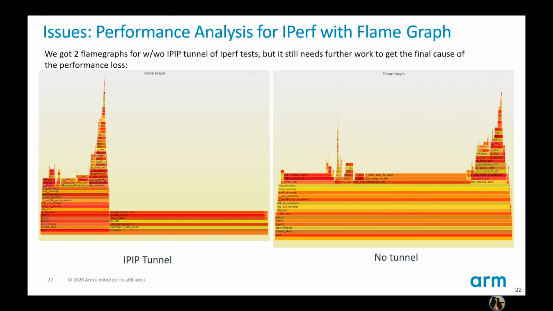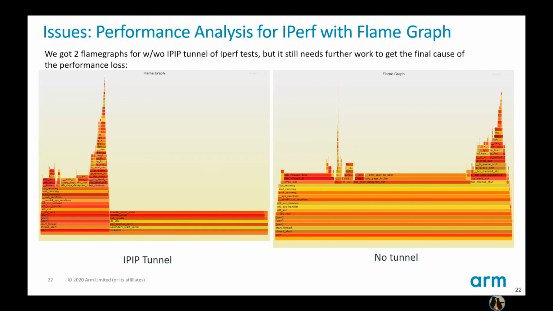You could see that for the IP tunnel case, the CPU spends two-thirds of the time in the idle state. It is not in the idle state for the non-tunnel cases.